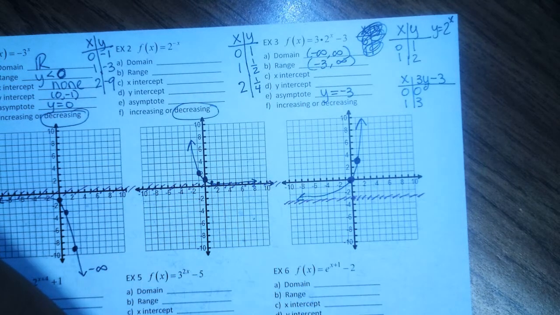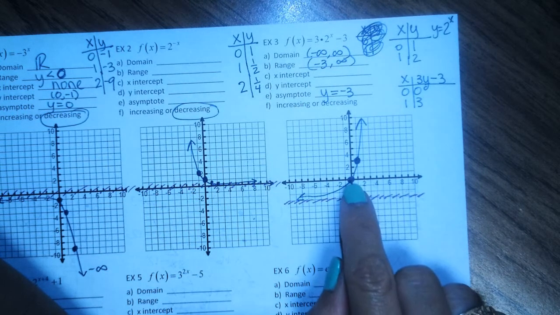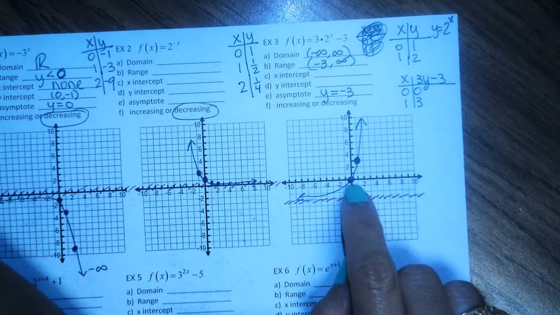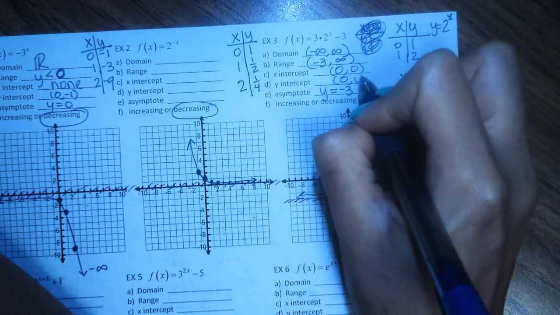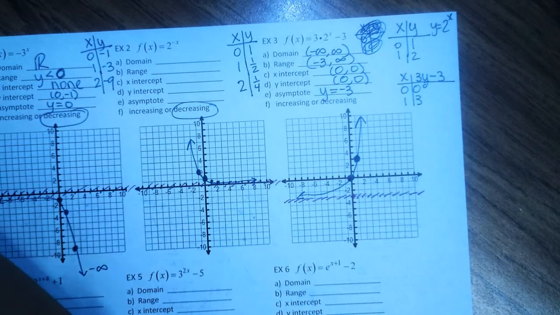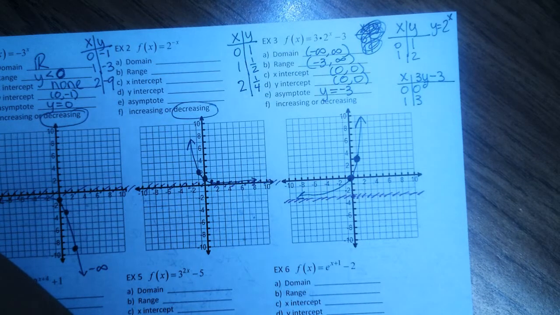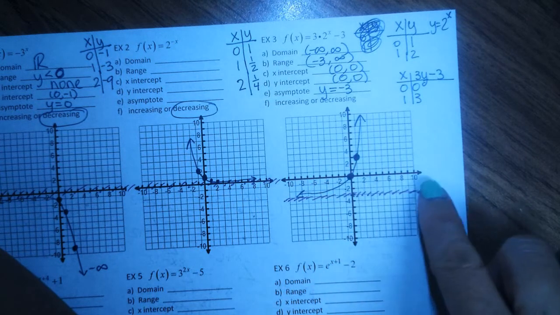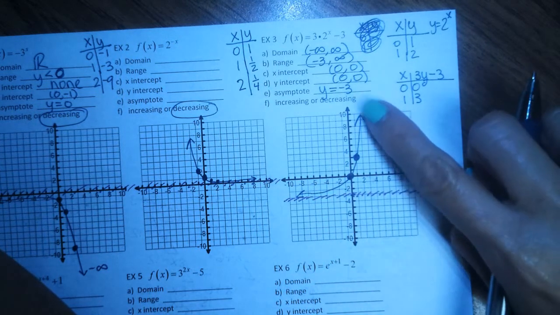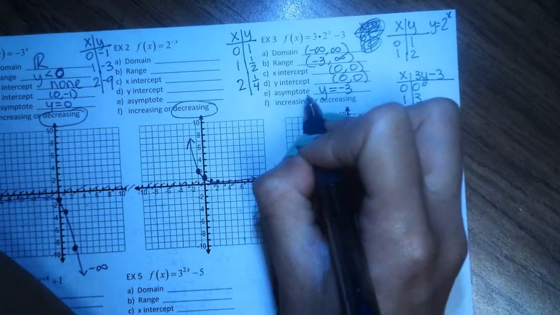The intercepts, well, you can see on the graph that the intercept is 0, 0 for both the x and the y. And finally, the increasing or decreasing: as x is getting larger, the graph is definitely going towards infinity, so that's increasing.